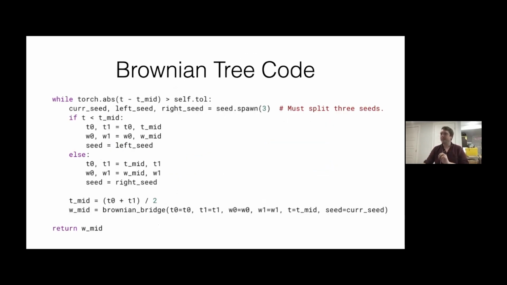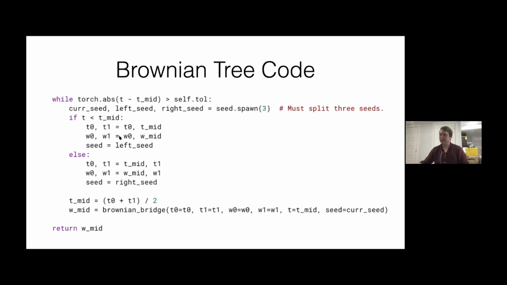Okay, and that might sound like magic. The only thing we need is a little seed.spawn operation, which just hashes the current seed with, let's say, -1, 0, and 1, or something. You just have to do little hashing operations to make sure that the key is uniquely updated in a reproducible way.